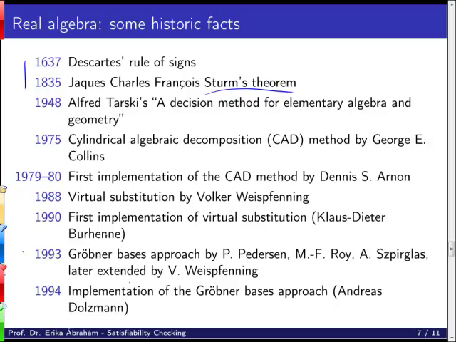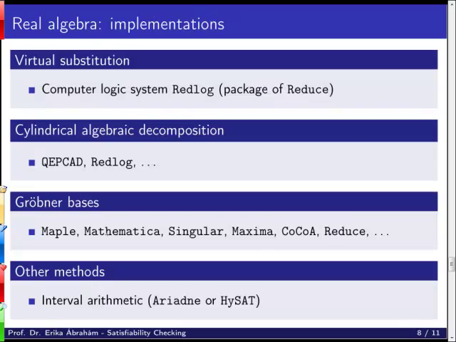So before coming to the virtual substitution, which you should be able to follow after having this short introduction, these methods are also implemented in different systems, like the virtual substitution is in Redlog. It is a certain package of the computer algebra system Reduce.